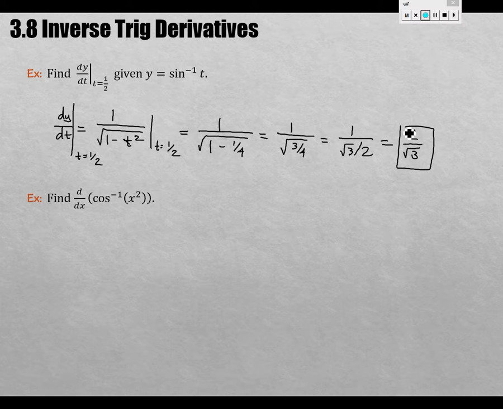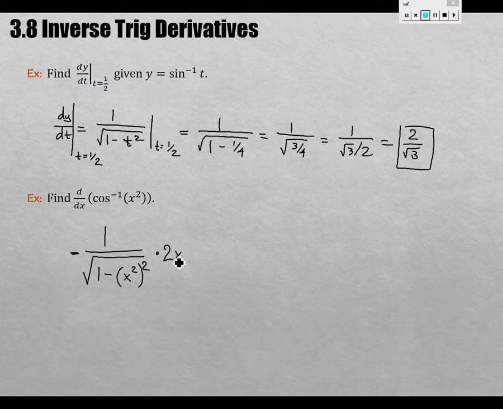And then cosine inverse. How do we do cosine inverse again? It's just the opposite of the derivative we've just been talking about. So what do we get? Negative 1 over the square root of 1 minus x squared, squared, times 2x, right?